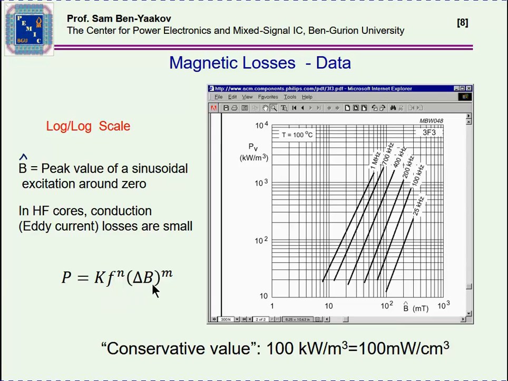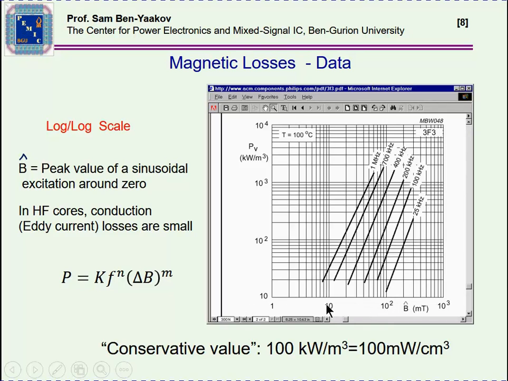So what we see here is the deviation of B, and this will be the peak value when the excitation used to measure these constants is sinusoidal and around zero. There is no bias, and it's an AC signal, and this will be the Bmax of this signal.